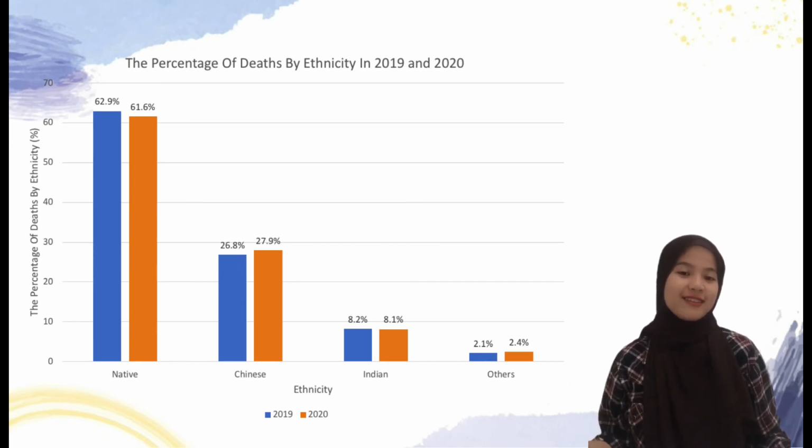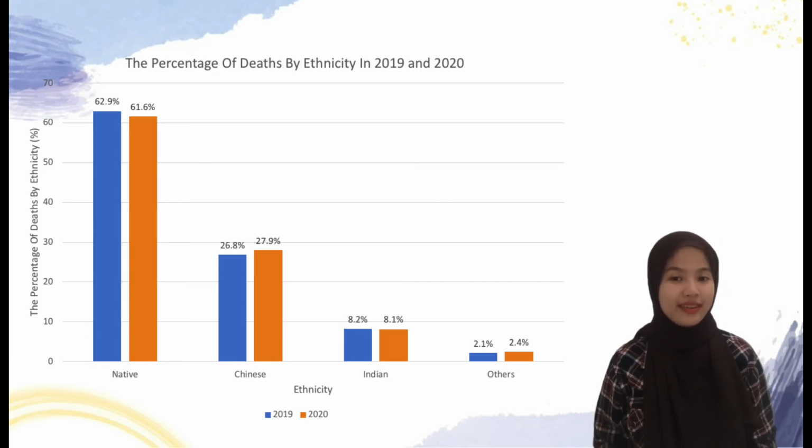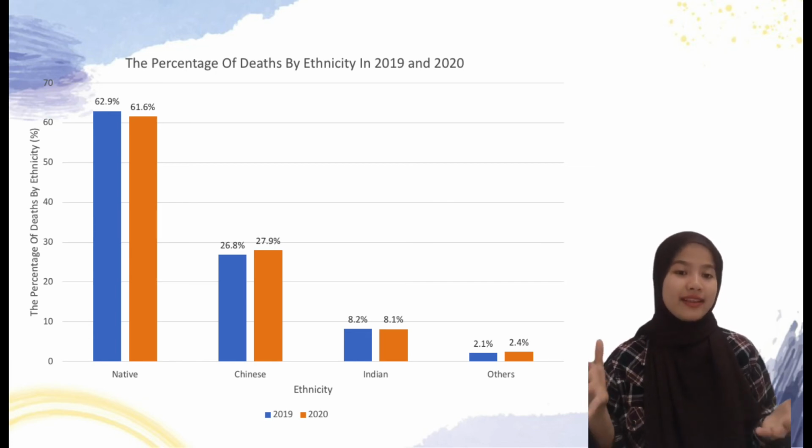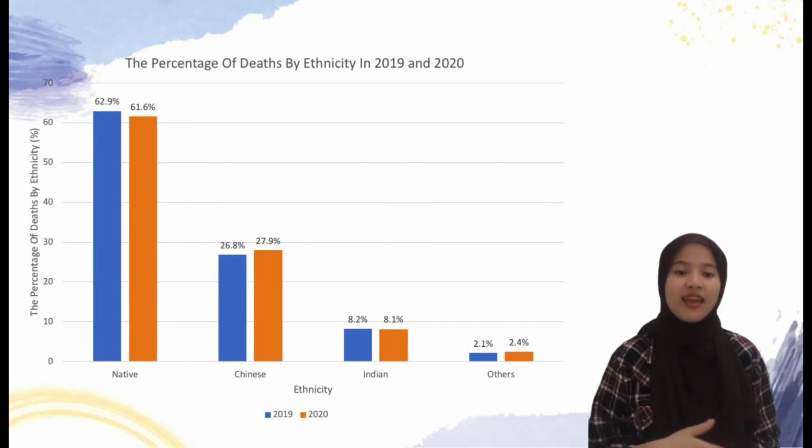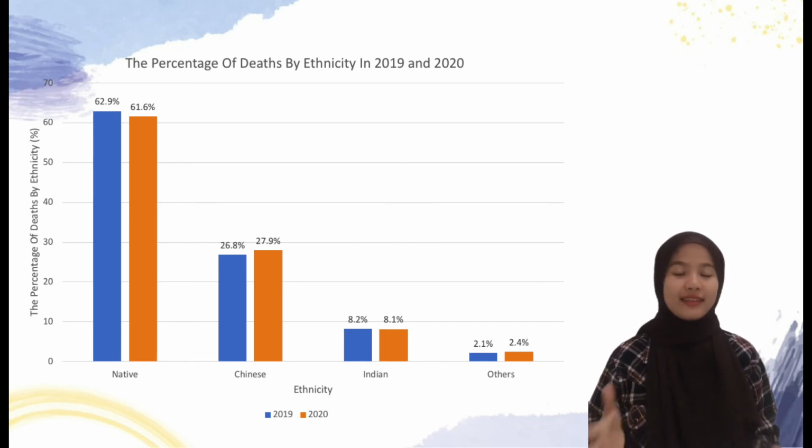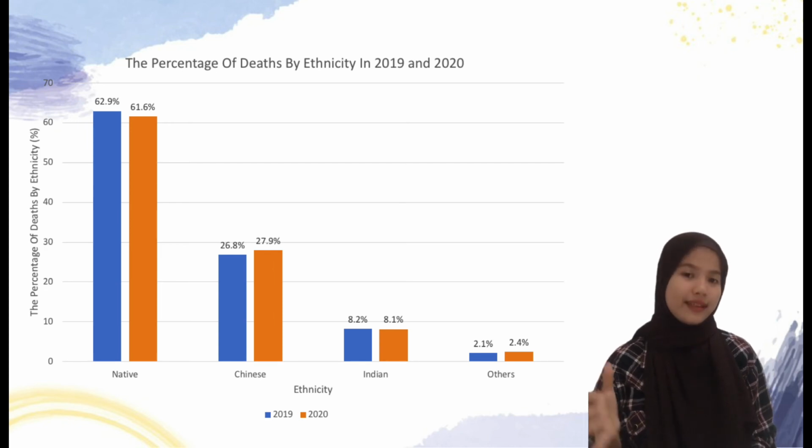For Chinese ethnicity in 2020, the percentage of deaths is marginally higher by 1.1% than the percentage of death by Chinese ethnicity in 2019.